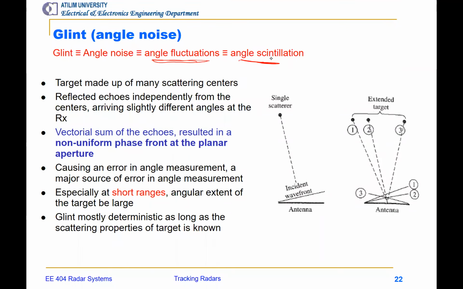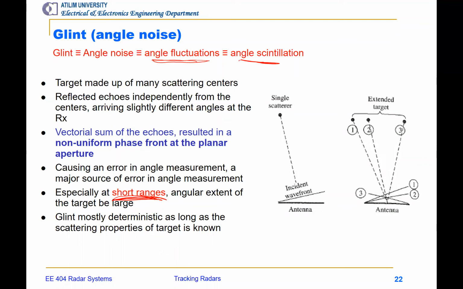You may imagine a composite signal of many cosines with different angles and amplitudes. So if we look at the phase, there's going to be no uniform phase. This causes error at the receiver, especially for very short range.